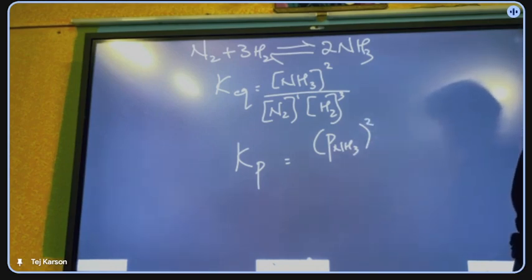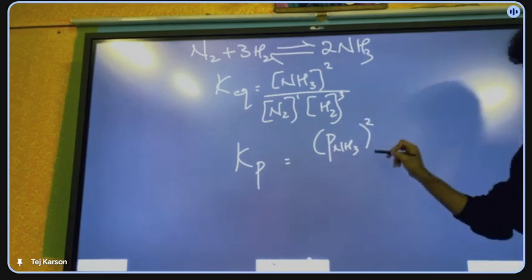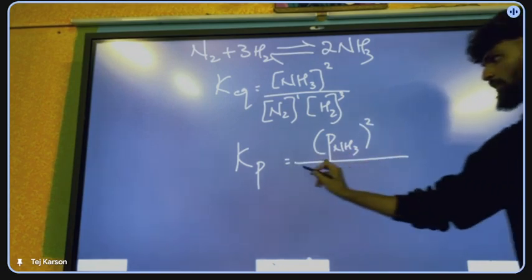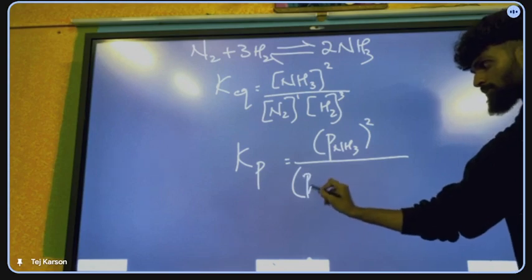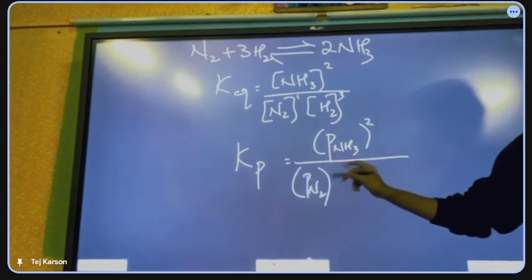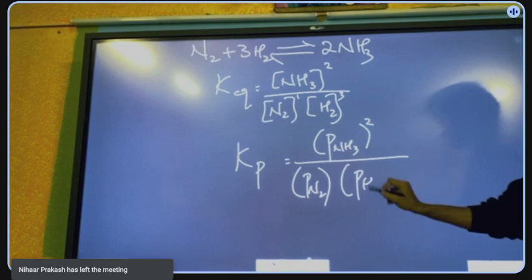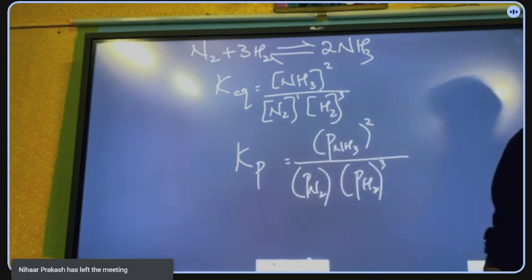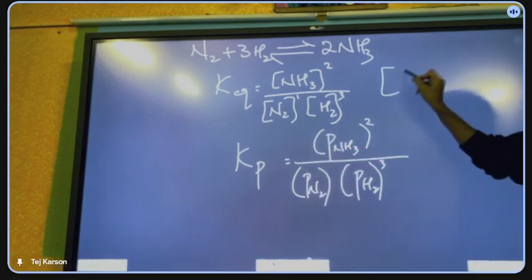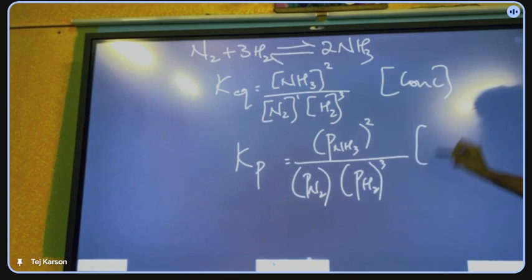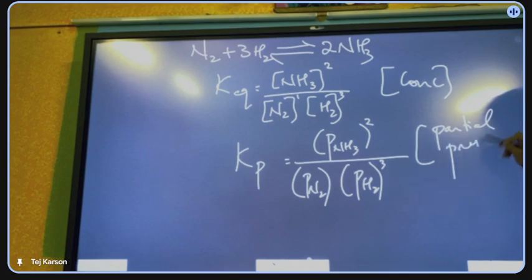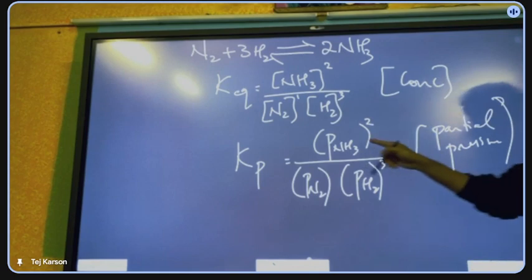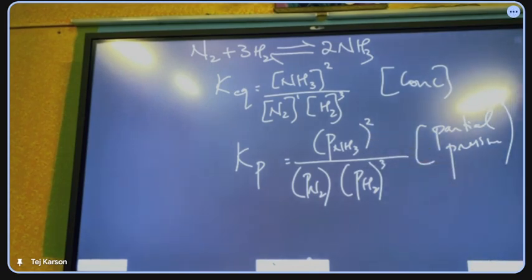Everything is the same. What changes? The type of bracket changes, along with which you add one extra P. So it becomes pressure of N2 to the power 1, pressure of H2 to the power 3. So this is with respect to partial pressures, and the earlier one is with respect to concentration. Each bracket here is the partial pressure of that particular component. Most important thing is the bracket. If you put a square bracket and write P inside, it doesn't make any sense.